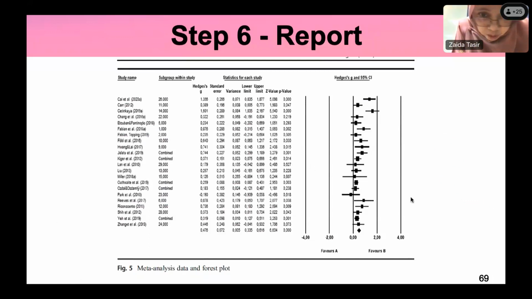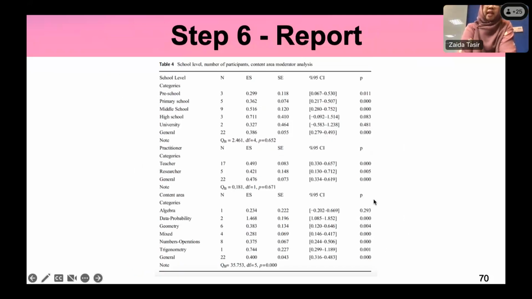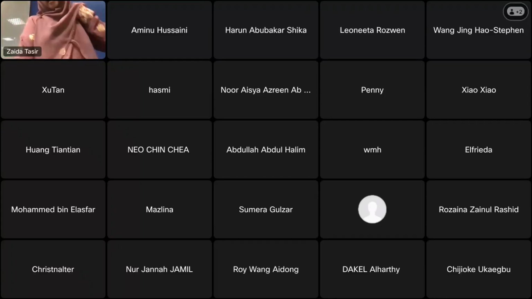Another way that you can report it is using a forest plot. This is another way for you to report it. So meta-analysis is where you analyze previous research conducted through experimental research. If the research is a survey or qualitative study, you will exclude it as a paper that you are not going to analyze as part of the meta-analysis.